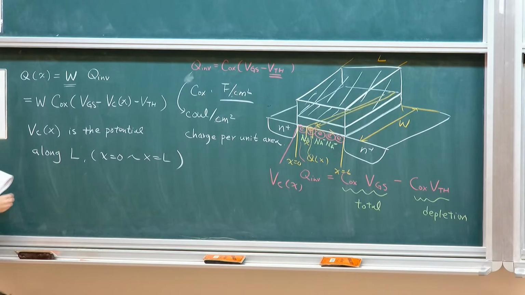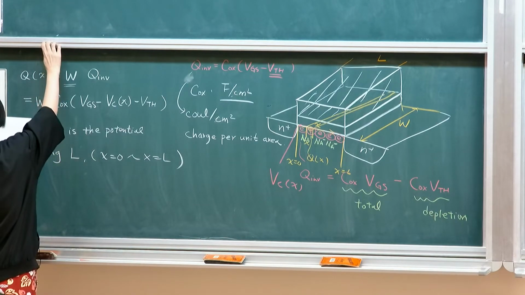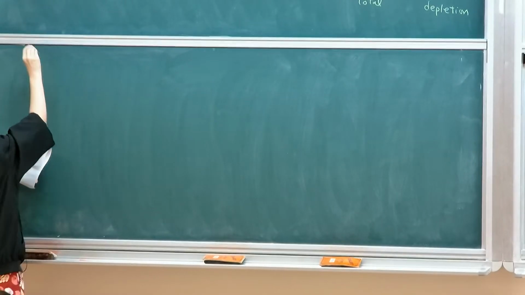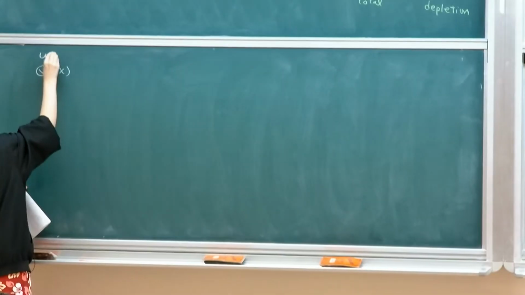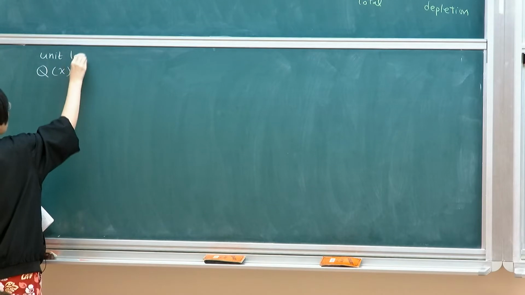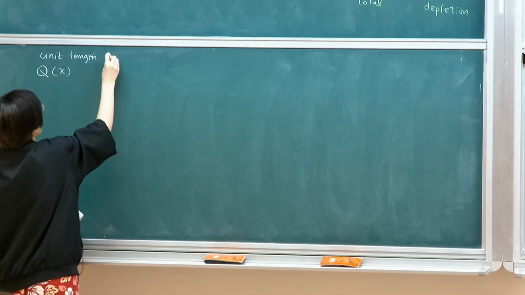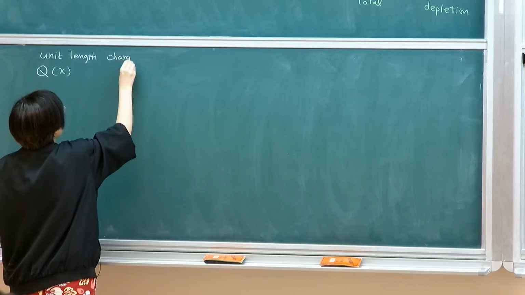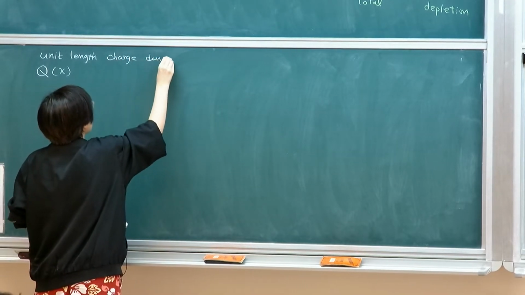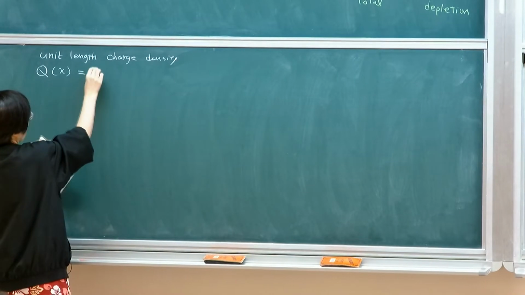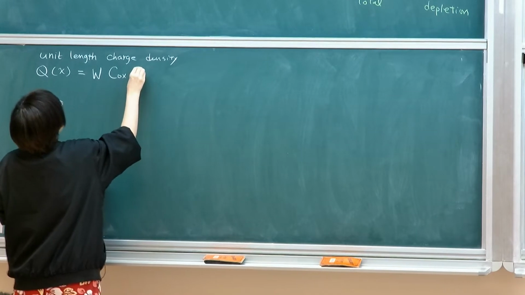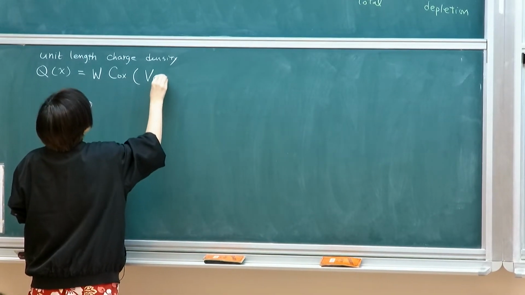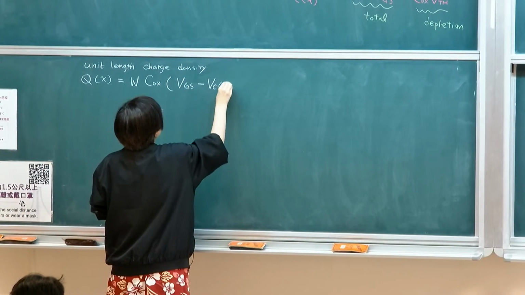So first of all, let me write it down again. What we start with is the unit length charge density, because we multiply by one dimension L, and then Cx, VGS minus VCX minus threshold.